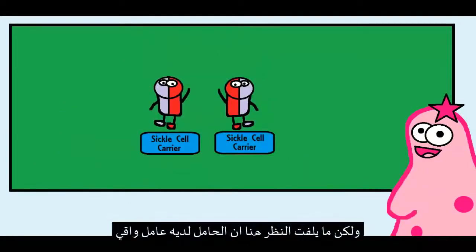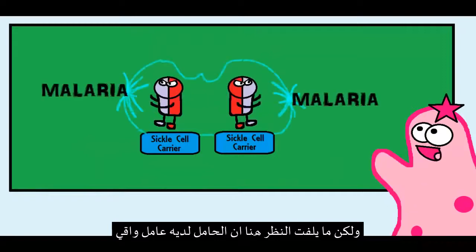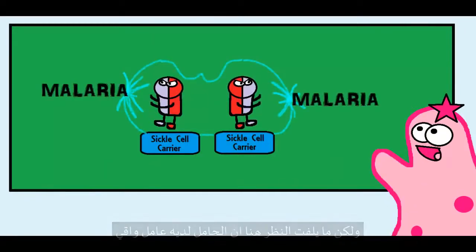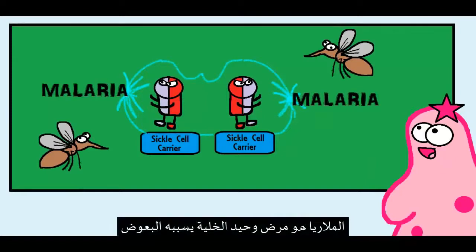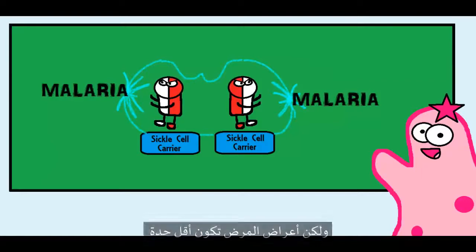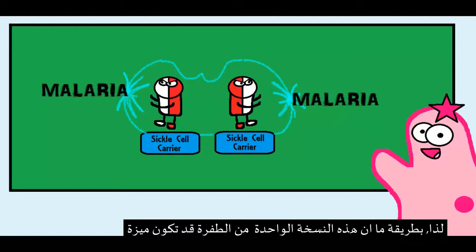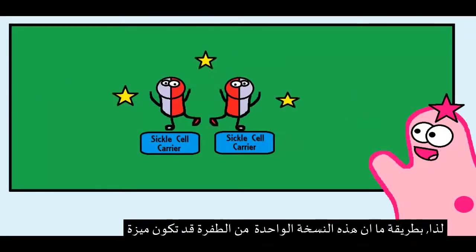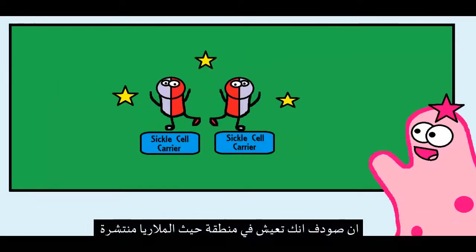But what's interesting is carriers appear to have a protective factor against malaria. Malaria is a disease caused by a protist that can be transmitted by mosquitoes. These individuals, they can still get malaria, but usually their symptoms are less severe. So in a way, this 1 copy of a mutation can be an advantage if you happen to live in an area where malaria is really present.